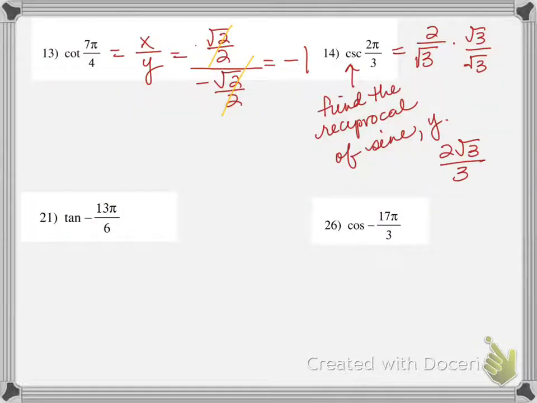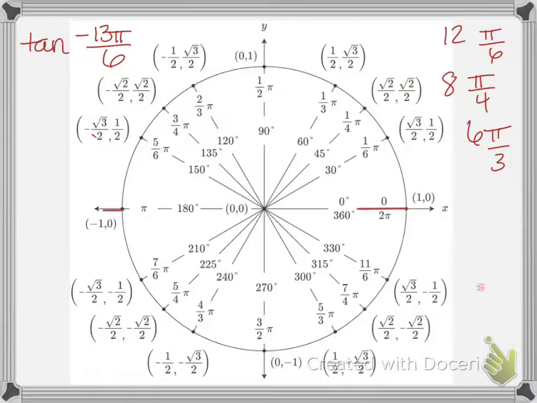So we were doing tangent of 13 pi over 6, but negative, okay? So 13 pi over 6 is going to pass 1 revolution, because we already established right up here that there was only 12 pi over 6 in 1 revolution.